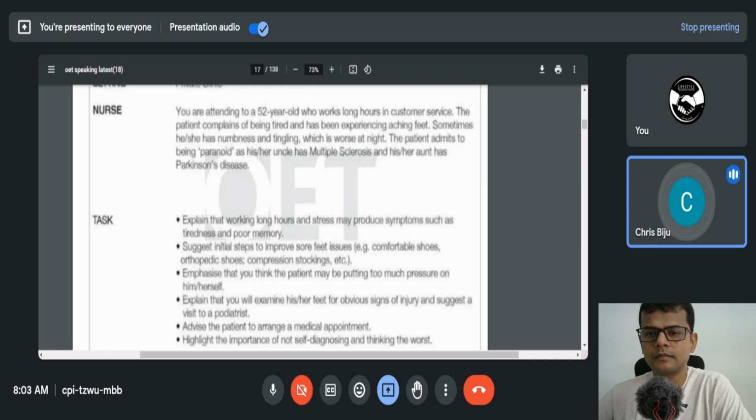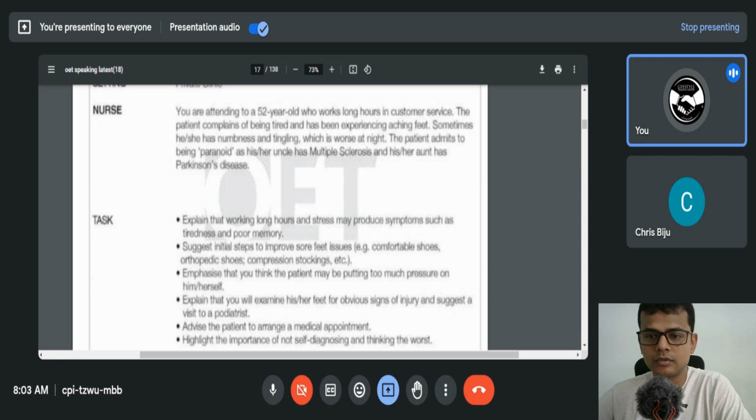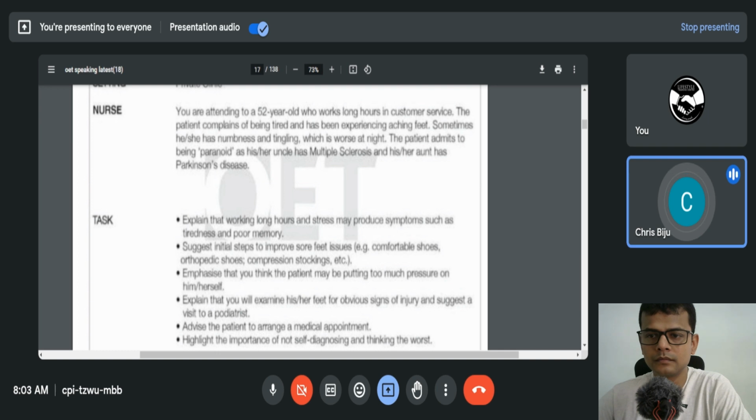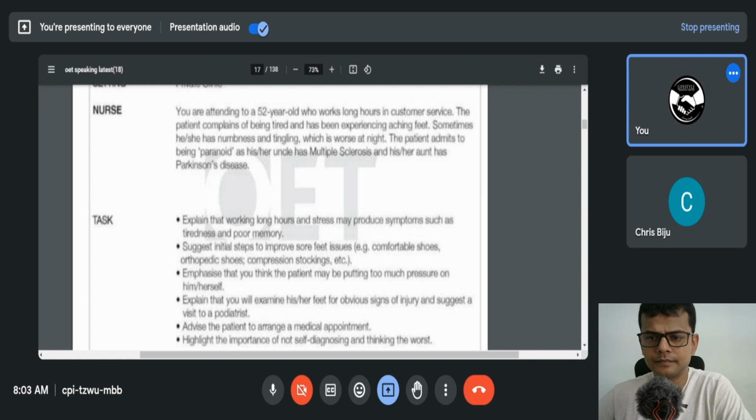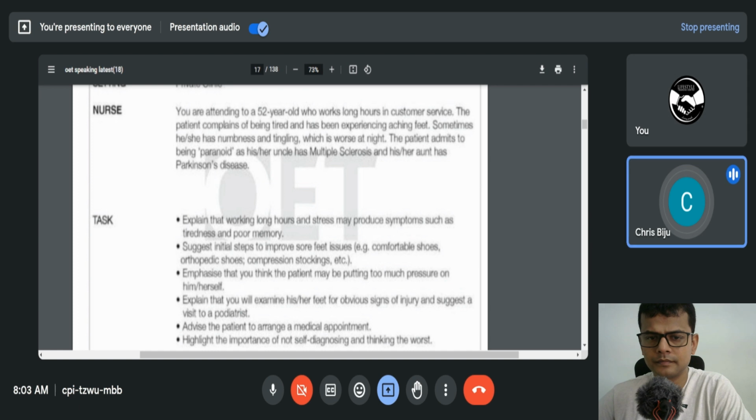Do you get rest in between your work? Not really. I have to stand for long hours. Do you have pain at present? Yes, a lot of pain. I'm really sorry to hear that. What type of pain is it?